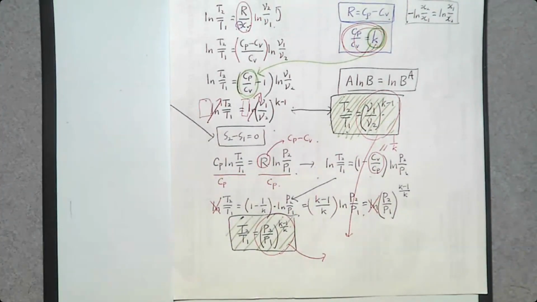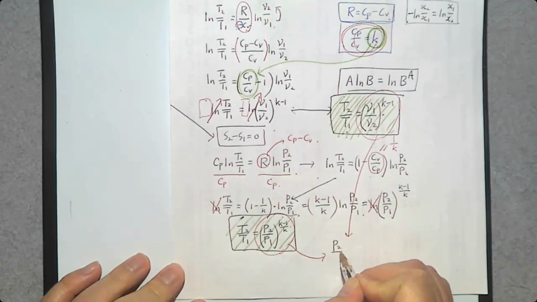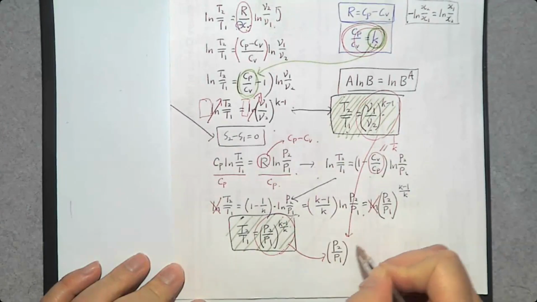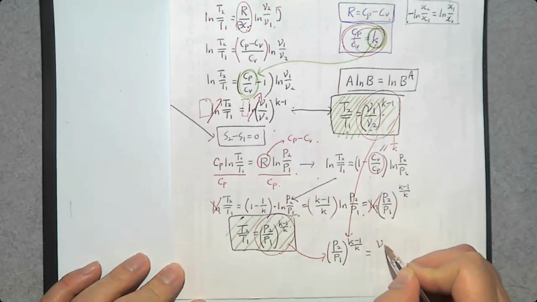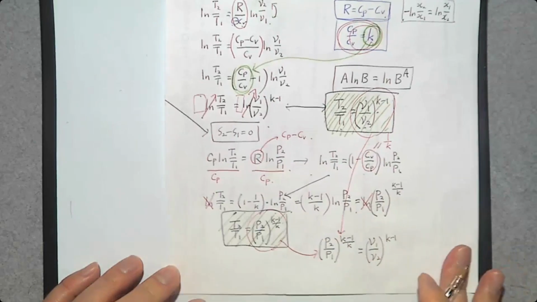P2 over P1 to the power kappa minus 1 over kappa is going to be V1 over V2 to the power kappa minus 1.